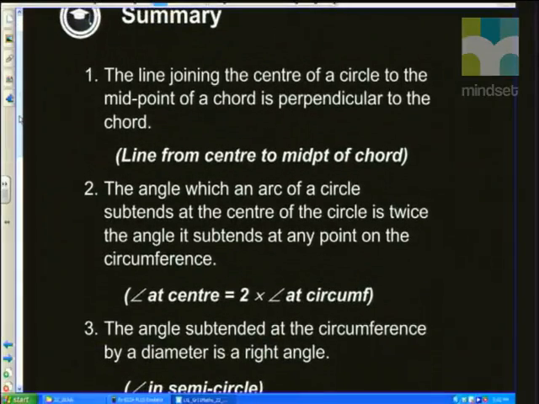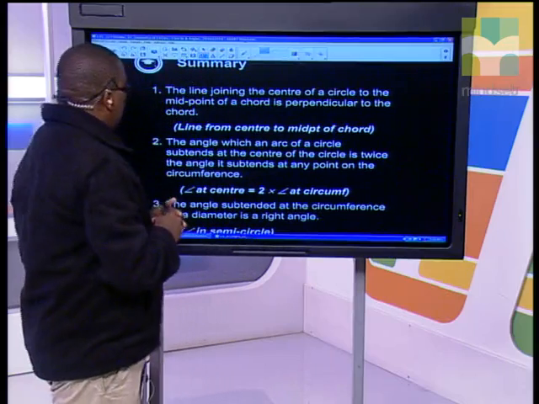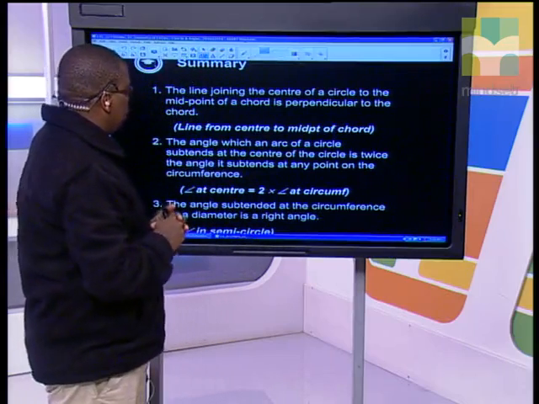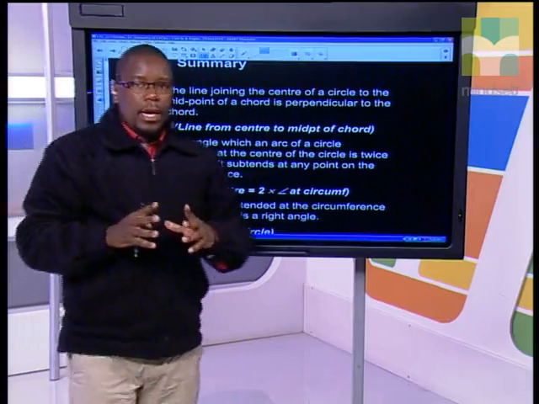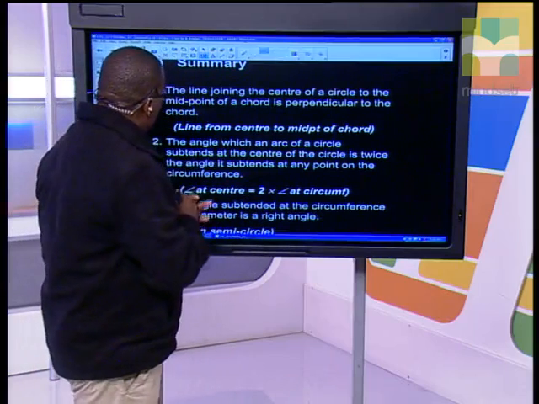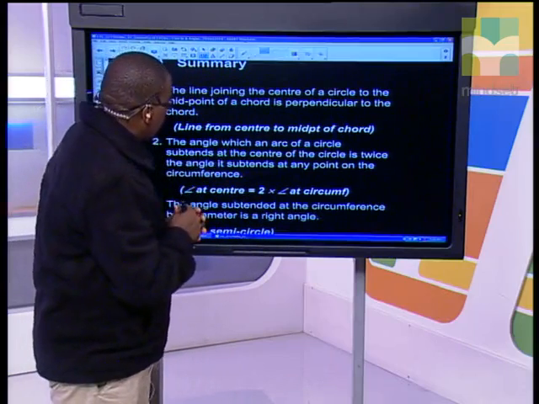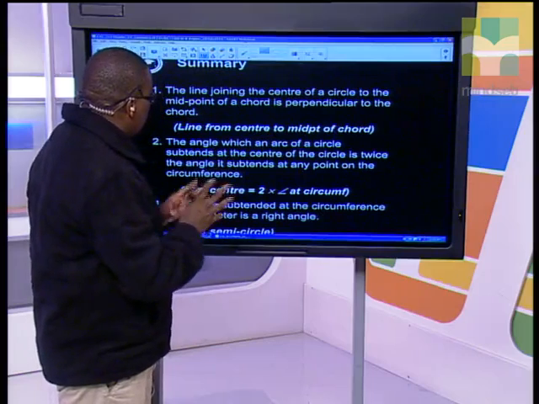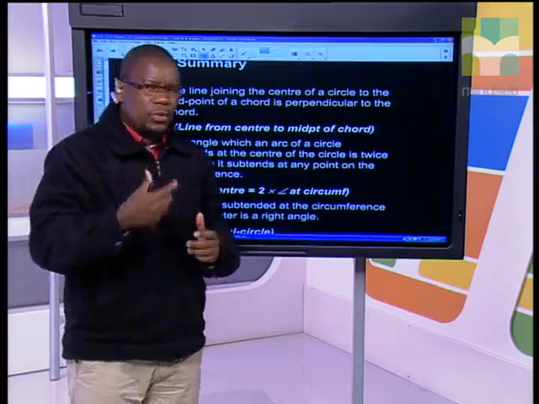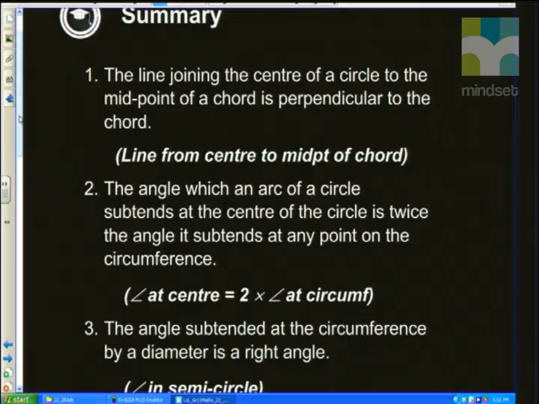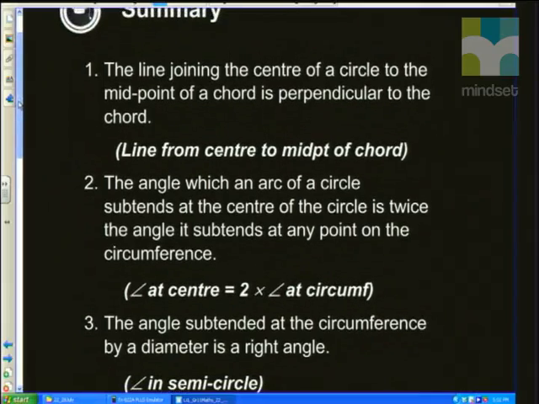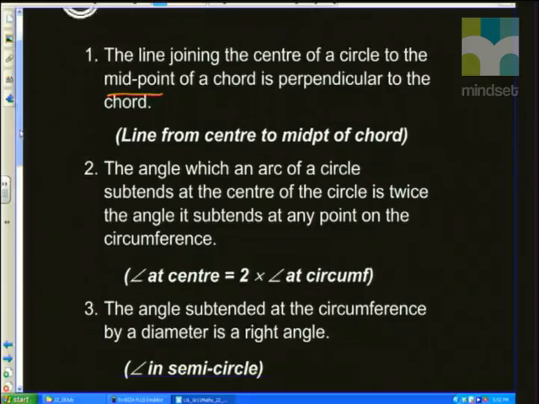Right, guys, I'm just going to go through the summary for your Euclidean geometry. I've put together your Euclidean geometry stuff that you need to know, but it's random. It's not according to theorem 1, 2, 3, and whatnot. So these are the theorems that you need to be aware of in your grade 11. The first being the line joining the center of a circle to the midpoint of the chord is perpendicular to the chord.